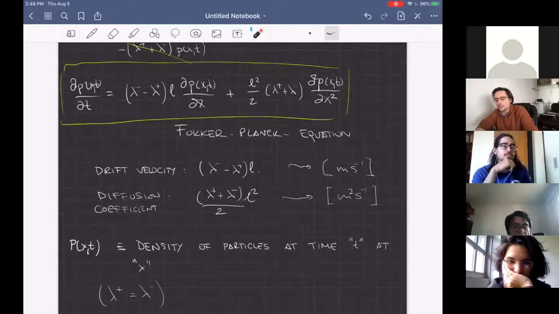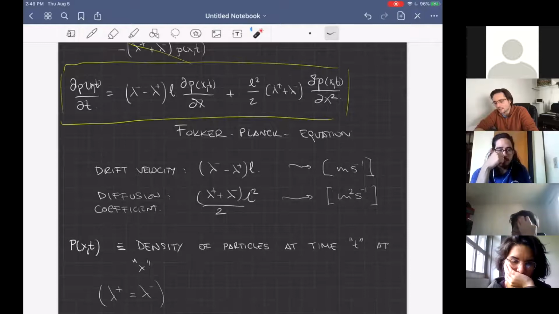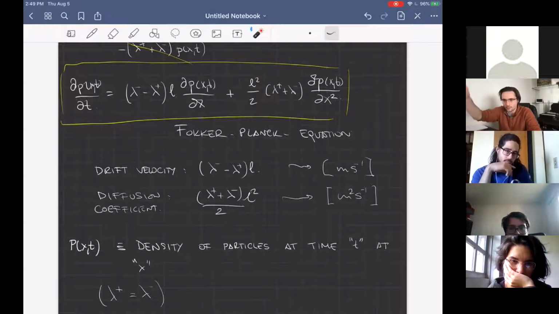And you can see it very clearly. If you take one of these lambdas to be equal to 0 and the other one to be equal to, I don't know, 1 or whatever you want, then, for instance, if you take lambda plus equal to 0, basically what you get is that the movement is deterministic towards the left.